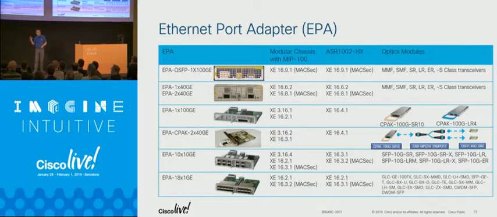Remember in the building block slide, I said all the data path features are processed by the ESP, right? So either the QFP or the crypto ASIC does the encryption for IPsec. Well, MACsec is one exception because MACsec is an Ethernet encryption.